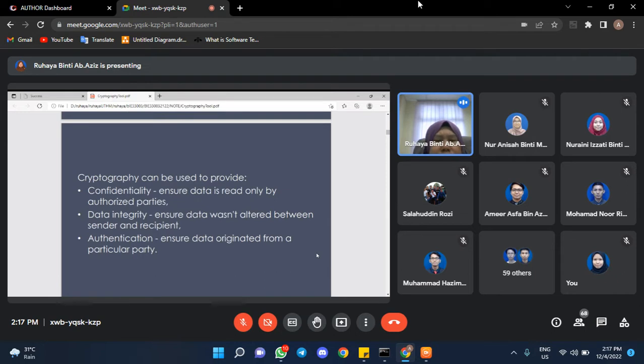And for data integrity, to ensure data wasn't altered between sender and recipient, and also authentication, to ensure data originates from a particular party. The application of cryptography can do that.